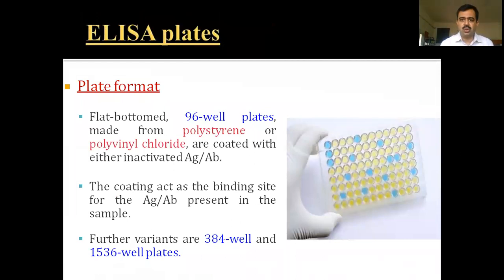ELISA plates. So what are these ELISA plates up to? Flat-bottom 96-well plates made from polystyrene or polyvinyl chloride are coated with either inactivated antigens or antibodies.